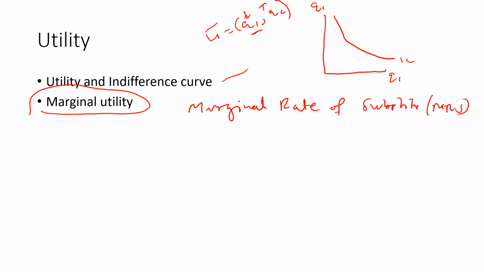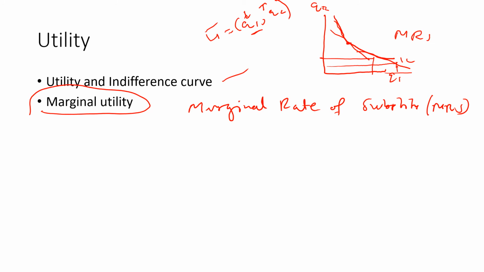That is basically called the MRS, and that is represented by the slope of the indifference curve. You may say that an equivalent change is required for q1 and q2, but at certain other stages, for example over here, we have to sacrifice less of q2 and more of q1 in order to keep the utility constant. So this slope is basically called the marginal rate of substitution.